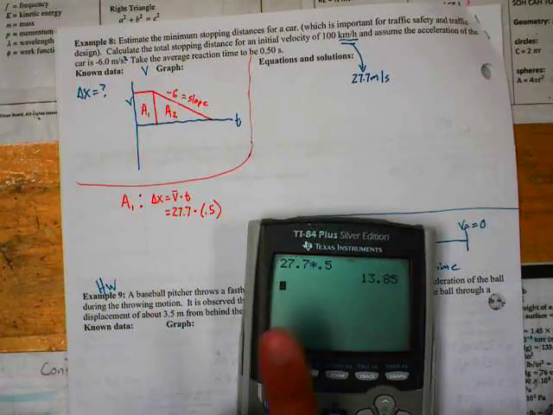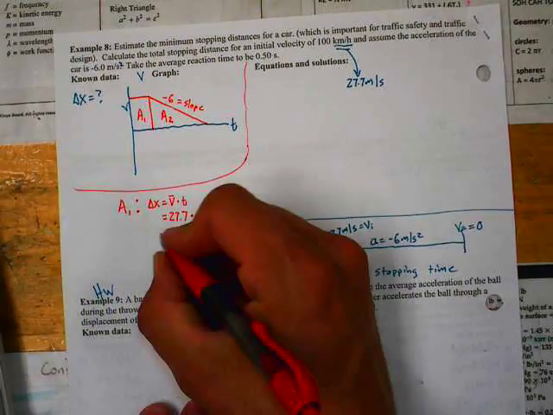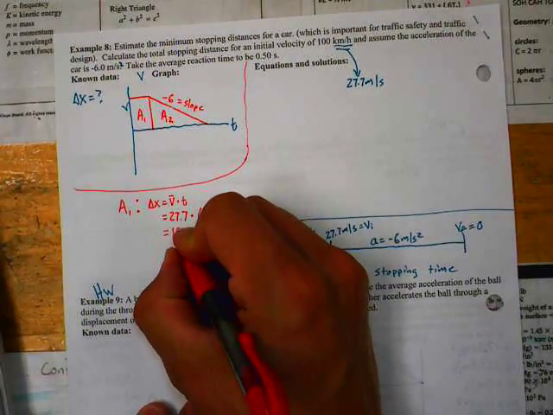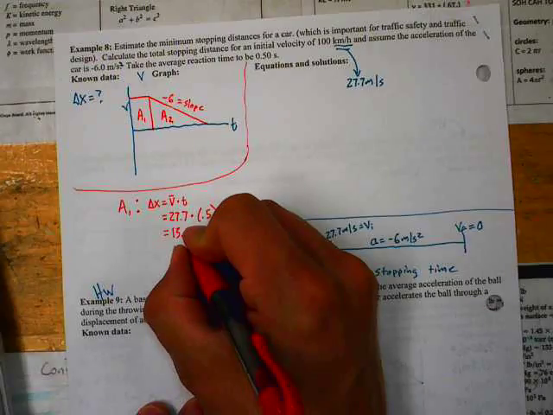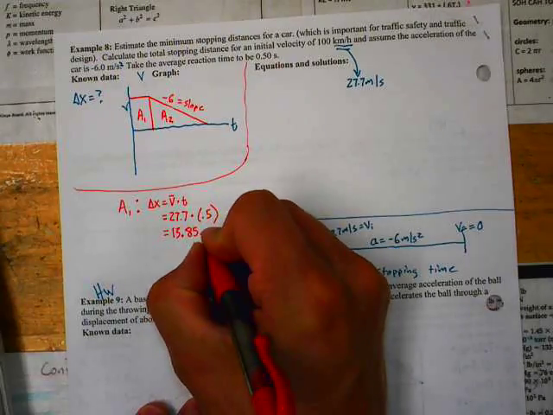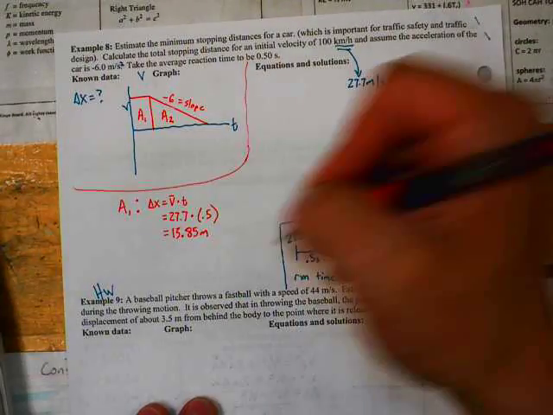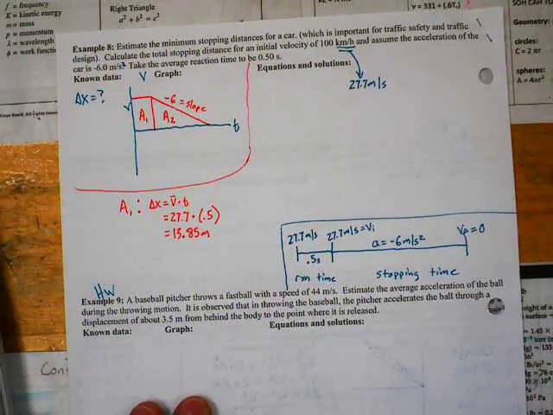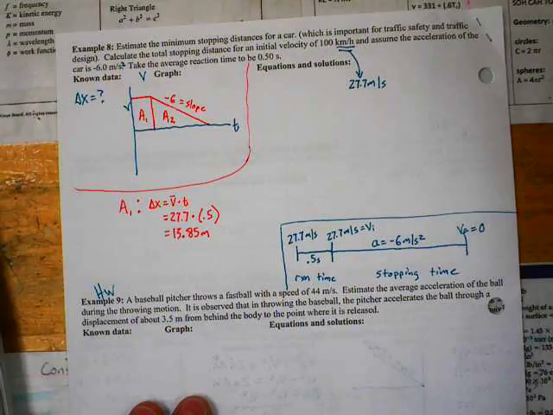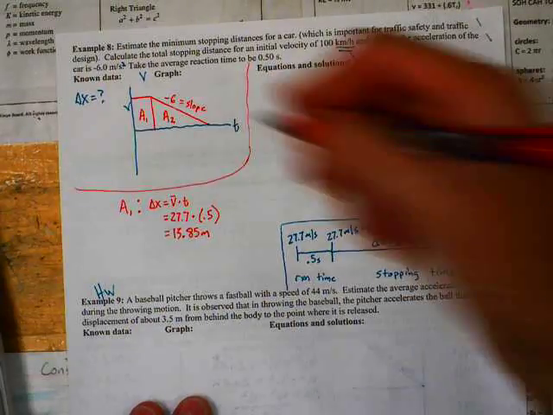We get 13.85. So before the person's even hit the brakes, they've noticed something ran out into the road. They've already gone 13.85 meters at this speed before they've even started to stop. Physics should make you a better driver, right? Hopefully.